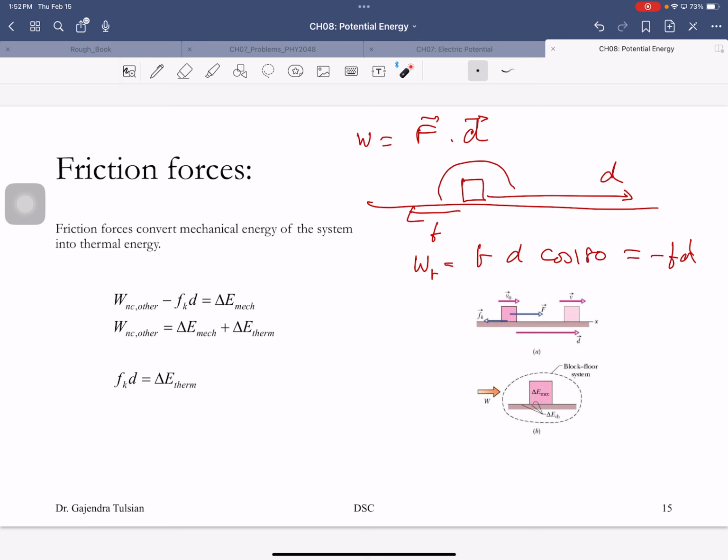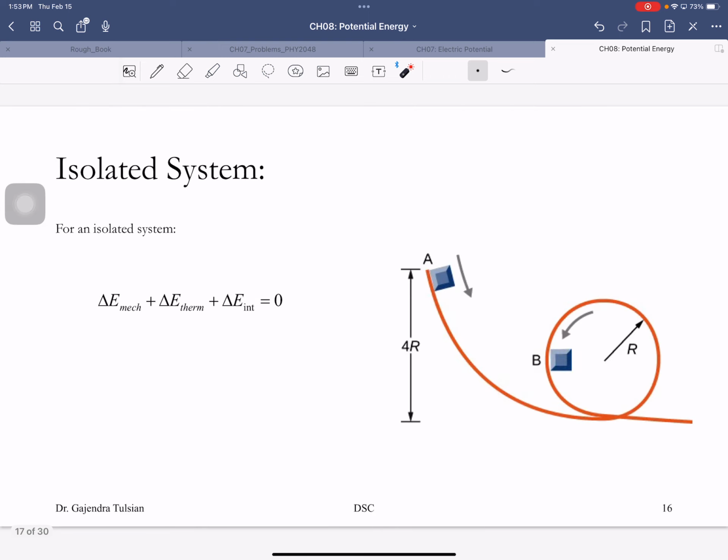So you bring that over to this side. Work done by non-conservative forces is the change in mechanical energy plus the change in thermal energy. Again, these are just bookkeeping devices. Don't worry about it. For an isolated system where you can keep track of all the forms of energy, the change in mechanical energy plus the change in thermal energy plus the change in internal energy is zero, meaning total energy is conserved for an isolated system.